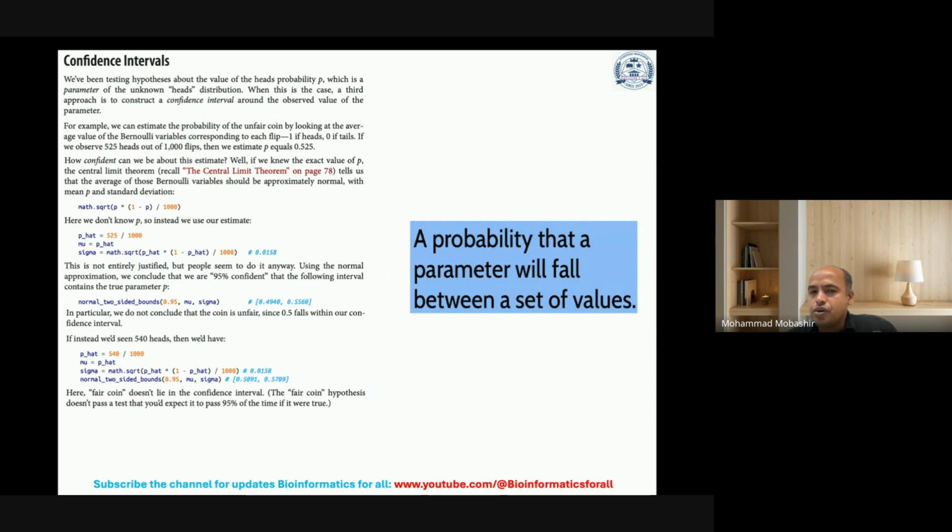If you are interested in reading more about it, I will say it is nonsense. If you understand what confidence intervals are, it is quite straightforward. This does not need any big definition or big understanding.